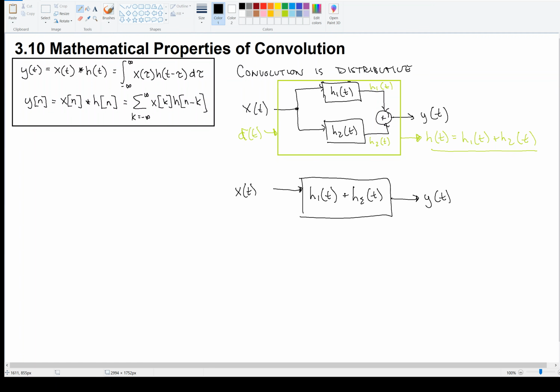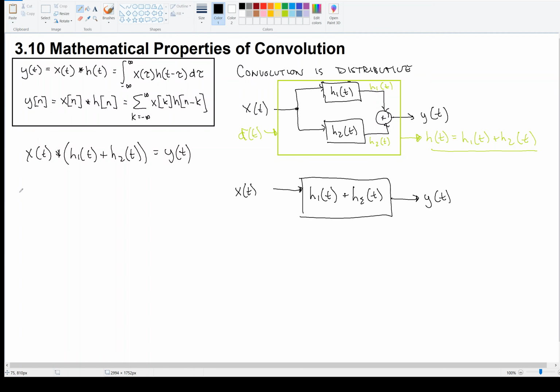And so in this one system, I would have X comes in, convolved with the one system's impulse response. That gives me Y of t. Okay, and then the top picture, that shouldn't be an X1, by the way. That should just be an X. So that's the bottom picture. X comes in, we convolve it with the impulse response of the box, and then we get out the output.